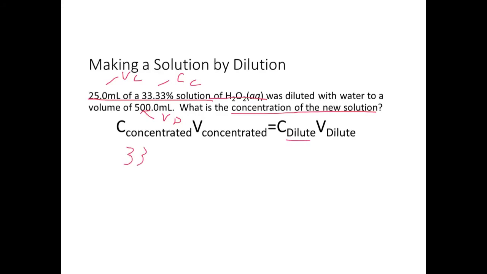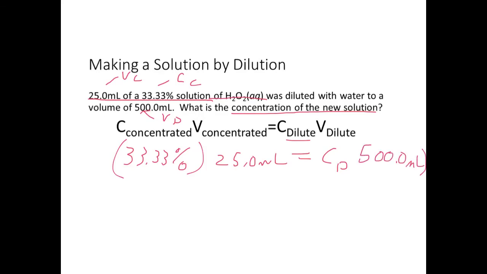So 33.33%, 25 milliliters. And divide both sides by 500 milliliters to get your variable alone.